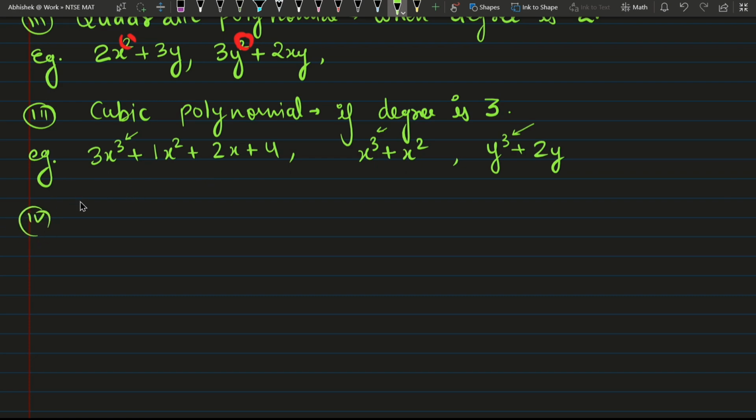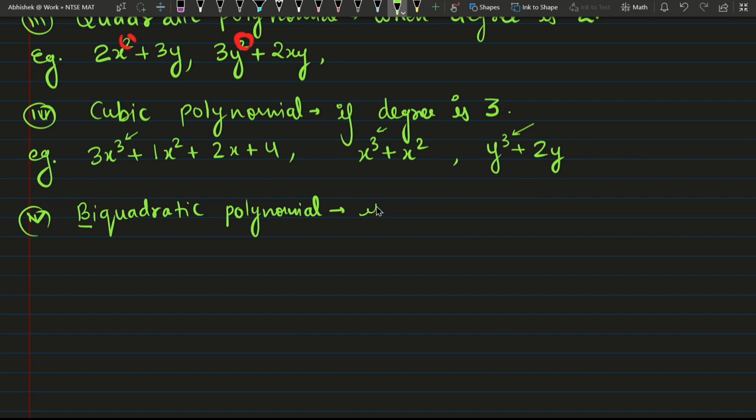Now let's start with the last kind of polynomial, that is biquadratic polynomial. In quadratic we saw the degree is 2. Now here the name itself depicts that we have to multiply that 2 with 2.